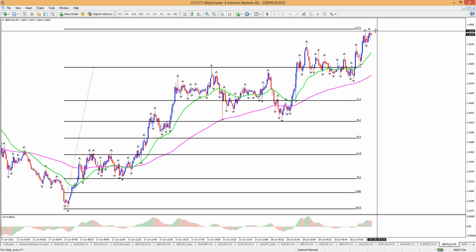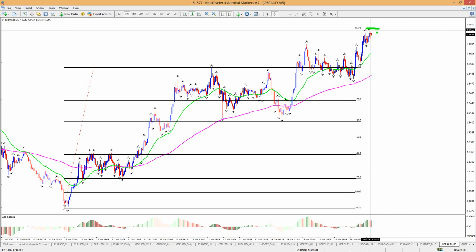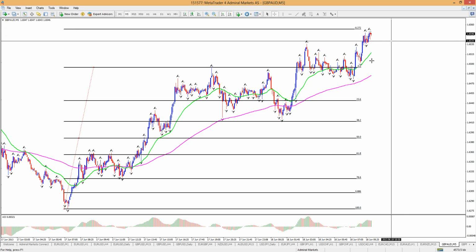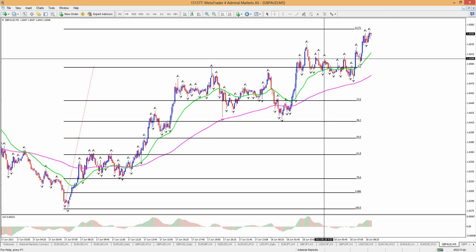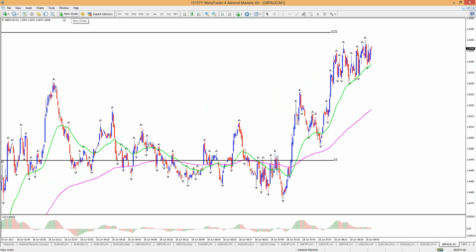So if we break above here with maybe a tight stop loss here, that could be an interesting trade as well, I think. We already had multiple breaks. It would definitely be a break, pullback, continuation trade. Alrighty, so I'll try this one.